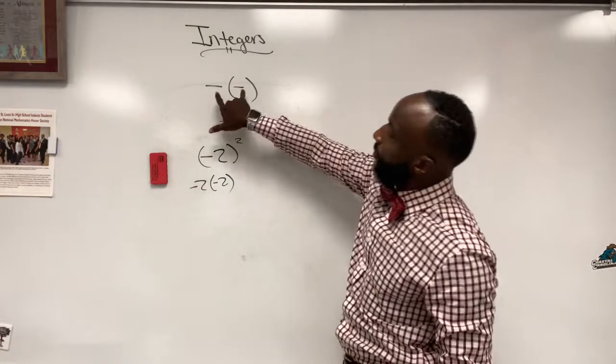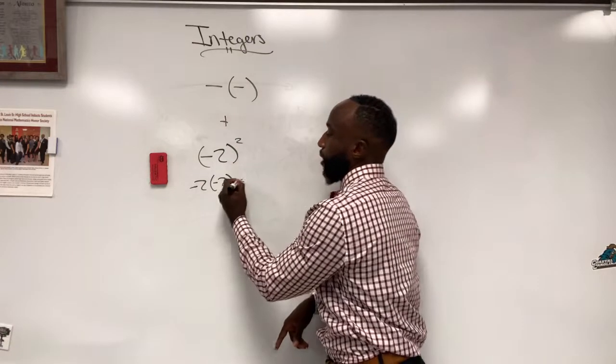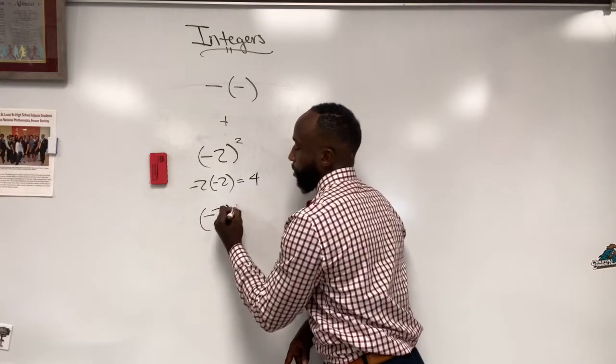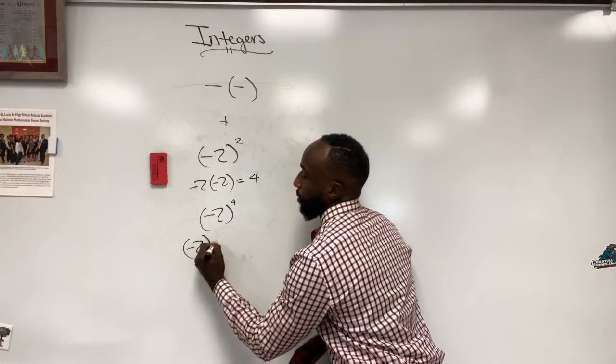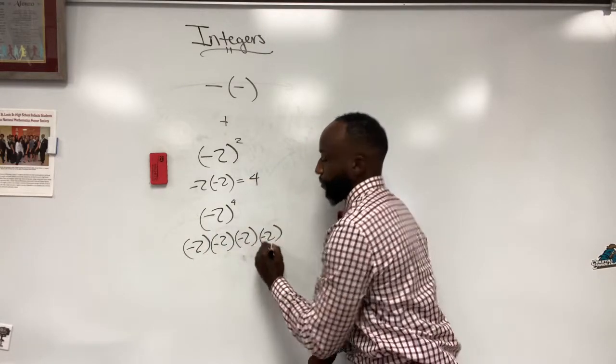You have an even number of negative numbers, you get a positive, right? So that's -2 to, say, the fourth power, right? That's -2 times -2 times -2 times -2, right?